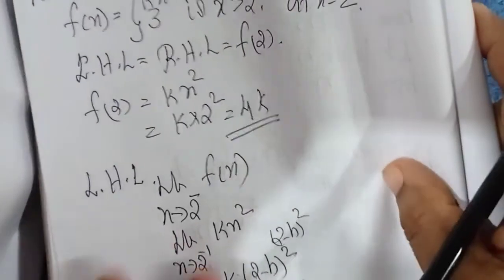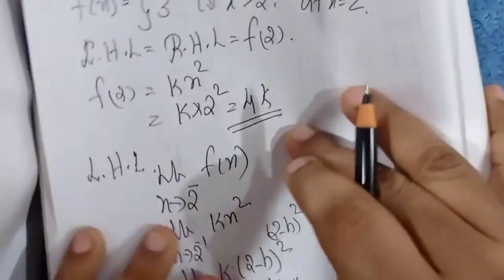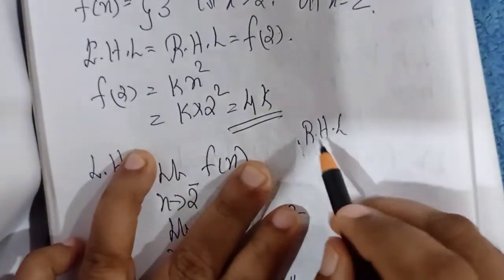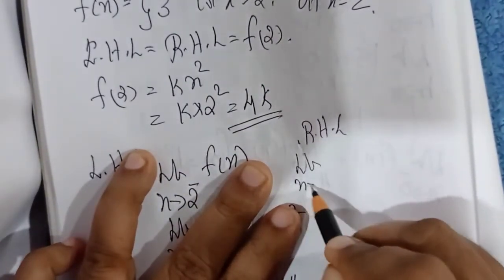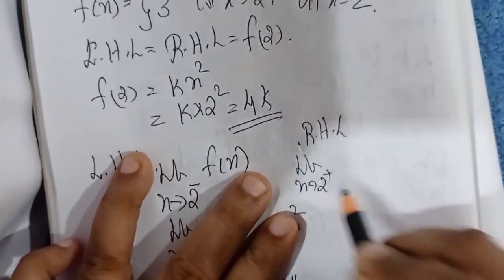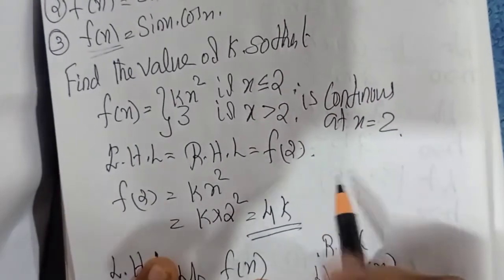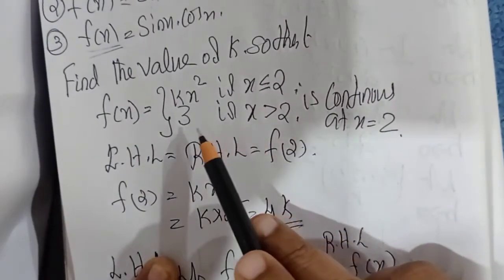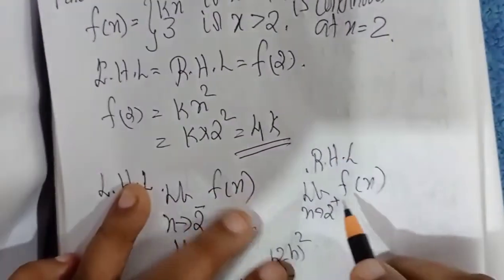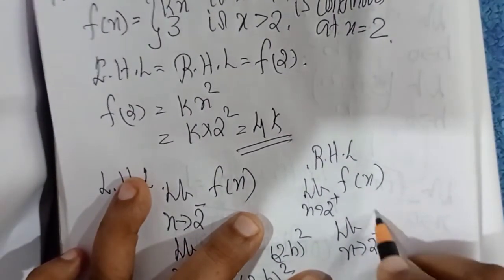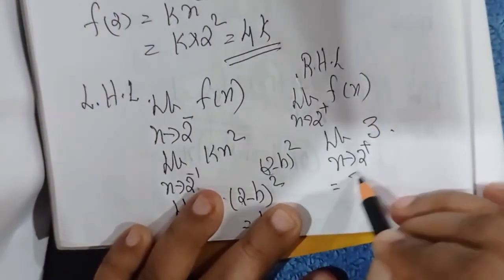Then write the next line, RHL. What is the meaning of RHL? Limit x tends to 2 plus f(x). 2 plus means greater than 2, where the function takes the value 3. Therefore, that is equal to 3.